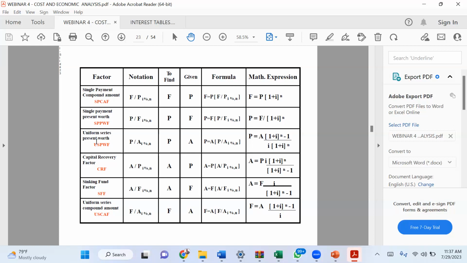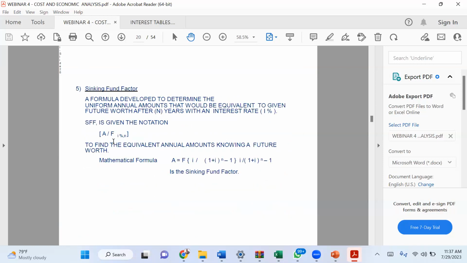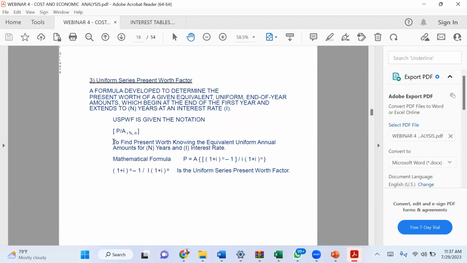So in other words, we are looking for the present what. What is the present what? If I take it backward again, we're looking for present what. This is the formula. We're looking for P, we're given A. The interest rate is known, the number of years is known.